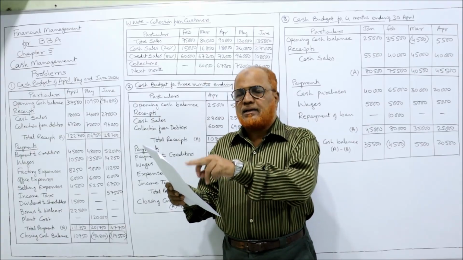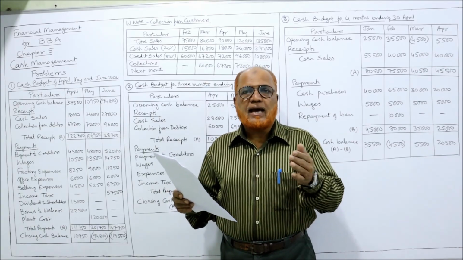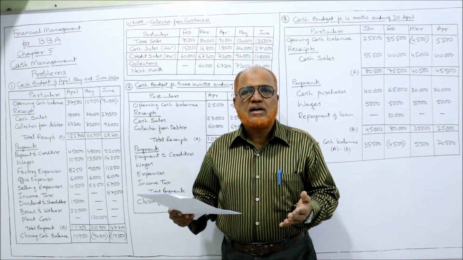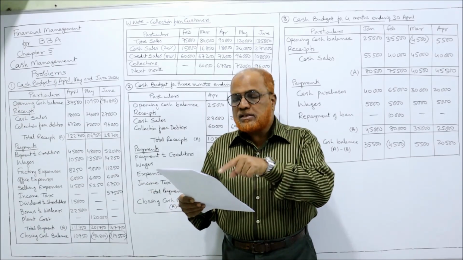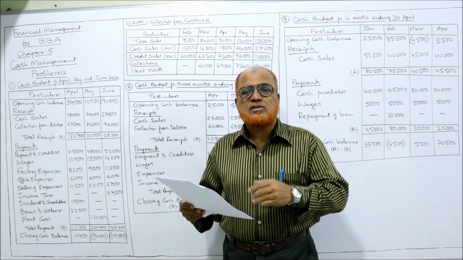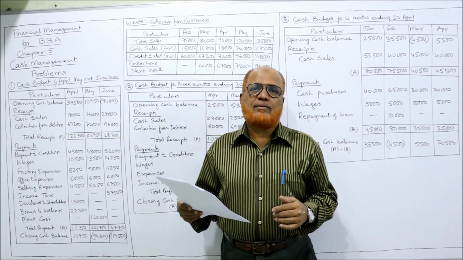Out of all these items, sales is revenue, that is a cash receipt. By selling the goods, we will receive cash. So sales will come under receipts, whereas purchases, wages, factory expense, office expense and selling expense are expenses that will come under payments.